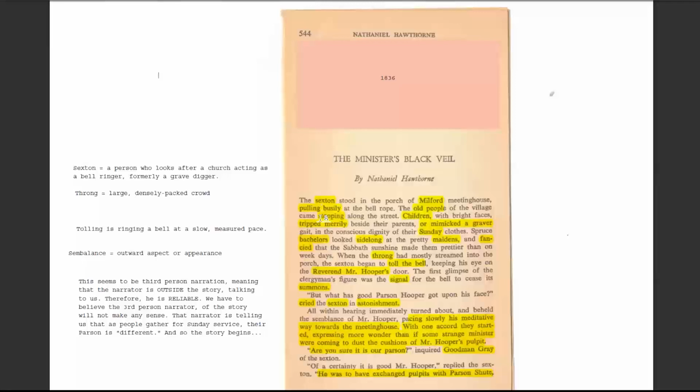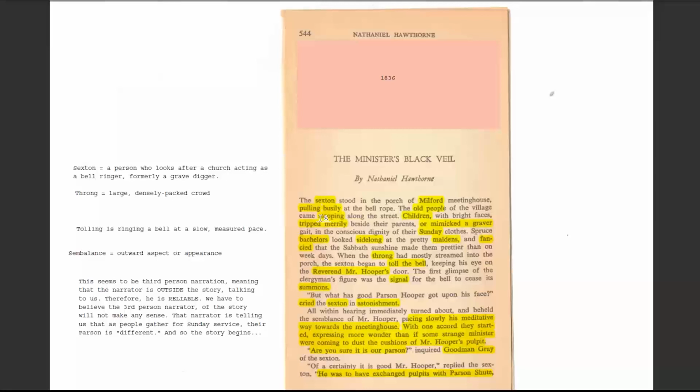So the children tripped merrily. Old people stooped. Children mimicked the graver gait of their parents, pretending to be old. You know how children are, right? Bachelors look spruce, buttoned up, looking sideways at pretty maidens.